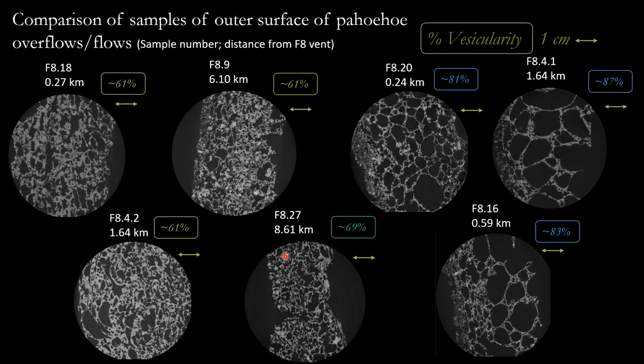We've got this one at around 70% vesiculation, and then these 3 at around 80% vesiculation or greater. And so obviously you can't draw a linear relationship with distance from the vent, but you can in fact draw a relationship with the type of structure within the Po'oi'oi they came from.